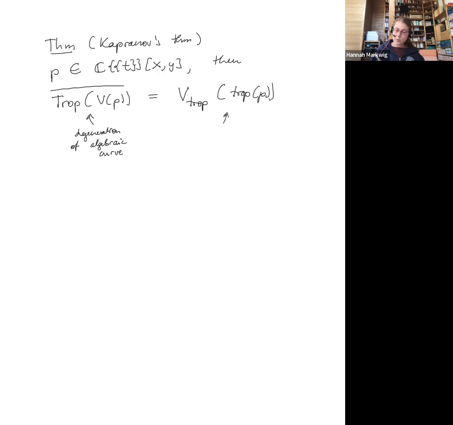And on the other side, we have a piecewise linear weighted graph in R^2, satisfying balancing. So this is where the combinatorics are. So what we are saying is that our degenerations of algebraic curves are combinatorial objects. And this is the motivation, this is what is behind the tropical idea.